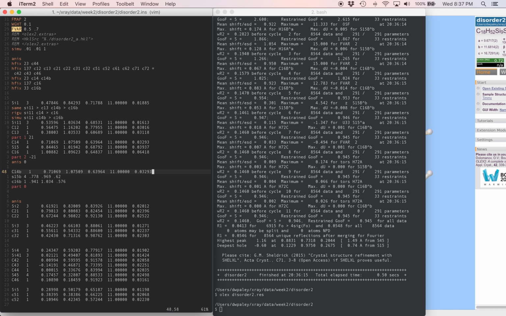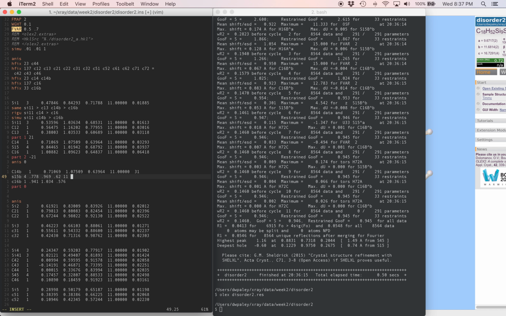I'm going to do that by changing the last number on this line to 31, which means 1 times the next free variable that we haven't used yet. We used number 2 for the occupancy ratio, so now we're going to use number 3 for the ADPs. On these lines, I have to put in occupancy, but it's going to get ignored by the part instruction.